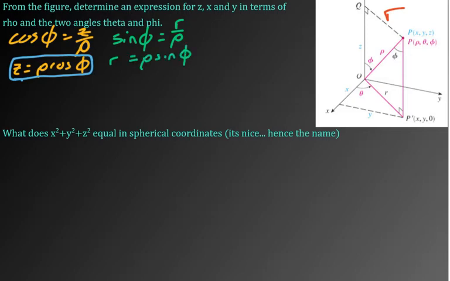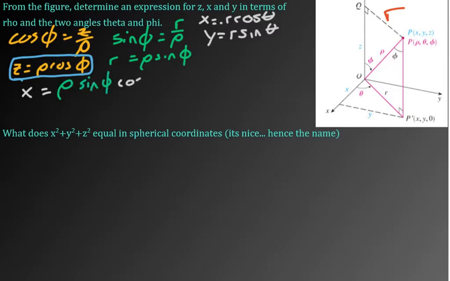I'm doing that because we know from polar that x equals r cos theta and y equals r sine theta. If I have an expression for r, which I now do, I can pop that in to get expressions for x and y. So x equals r, which is rho sine phi, times cos theta.